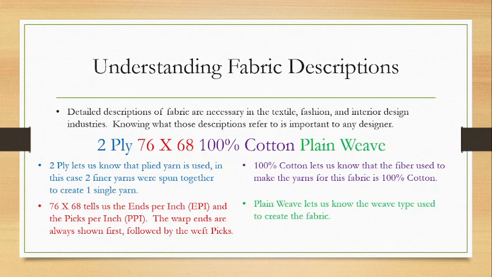Okay, we're getting there. The next one's easy. I think even without taking this class, you could get the next one. 100% cotton means that the fiber used to make the yarns for this fabric was 100% cotton. Okay? Easy peasy. The last lets us know the weave type of the fabric. And plain weave is a type of weave type. And we'll get to that in the next section.